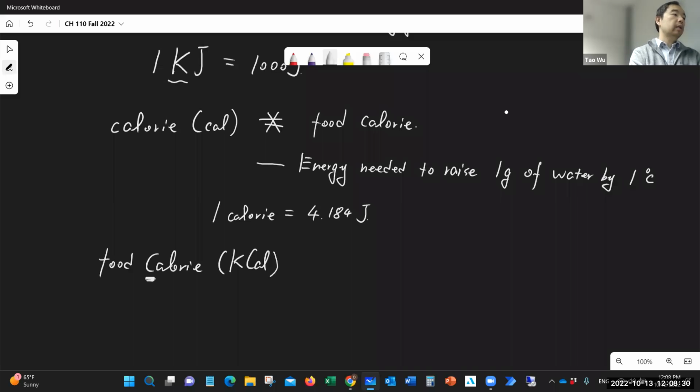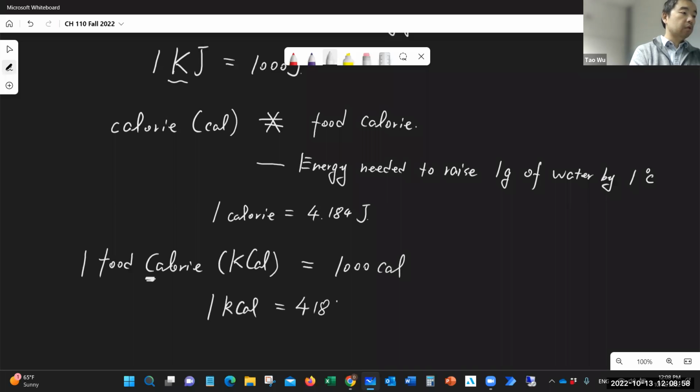So food calorie and this calorie are different. 1 food calorie, or 1 kcal, is equal to 1,000 small cal. So there is a 1,000 times difference. So 1 food calorie or 1 kcal is equal to 4,184 joule. That is the 1,000 times difference. So this is a kcal.